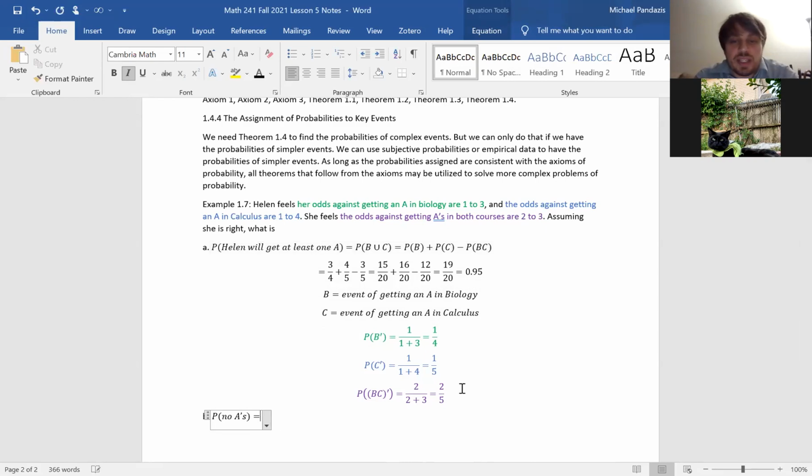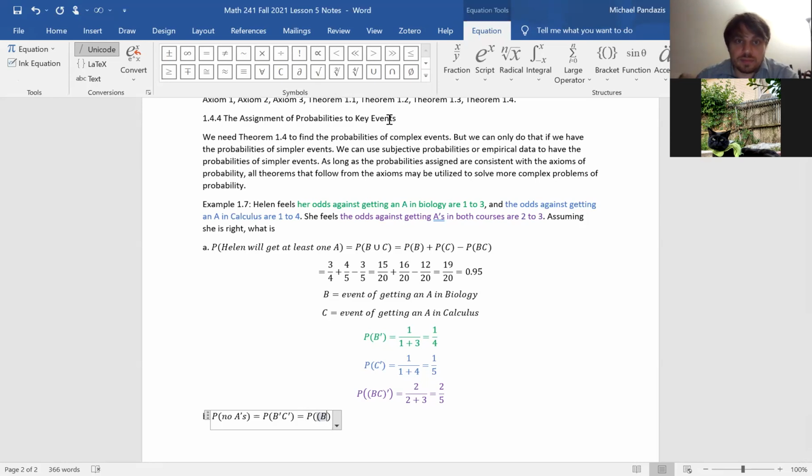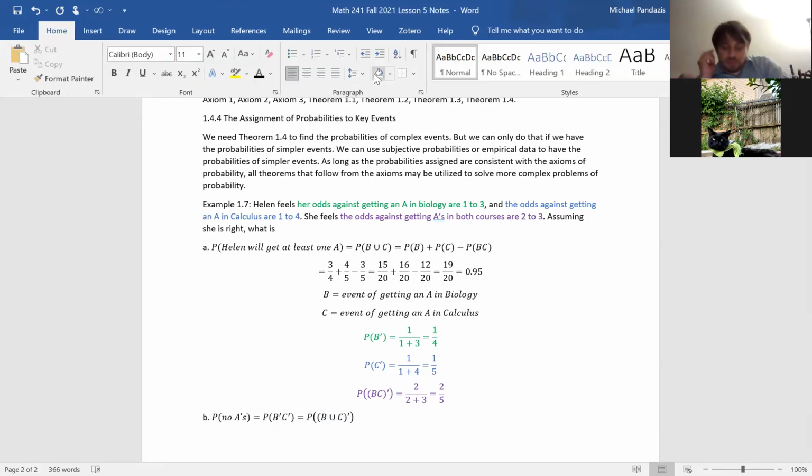So the probability of no A's is the same as the probability of not B and not C, right? Not getting an A in biology and not getting an A in calculus. So this is equal to the probability of the complement of B union C. It's a complement of that set.